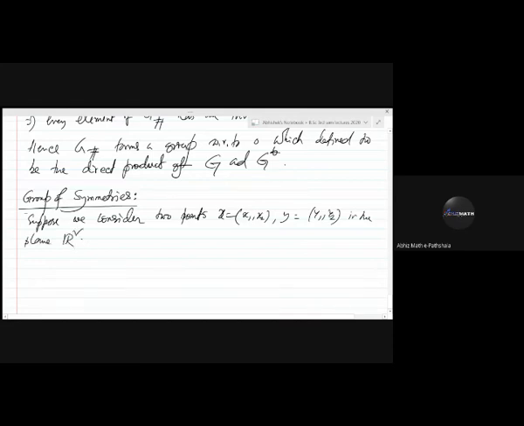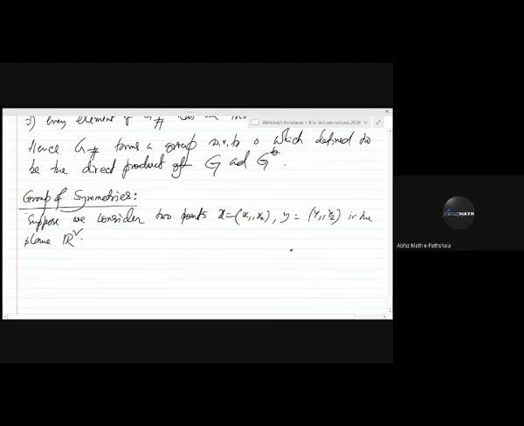Then you can define a distance between these 2 points. You can define the natural distance in between.